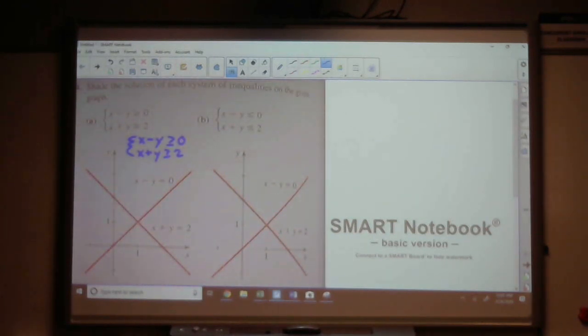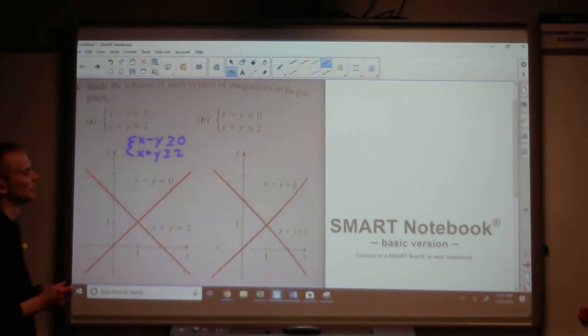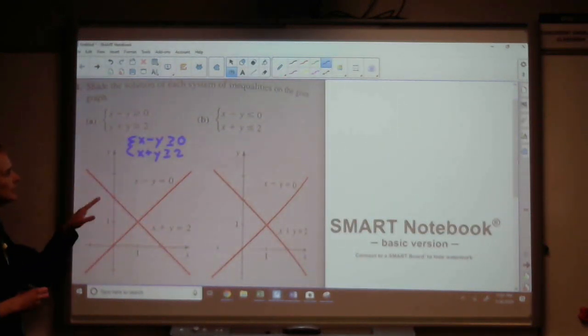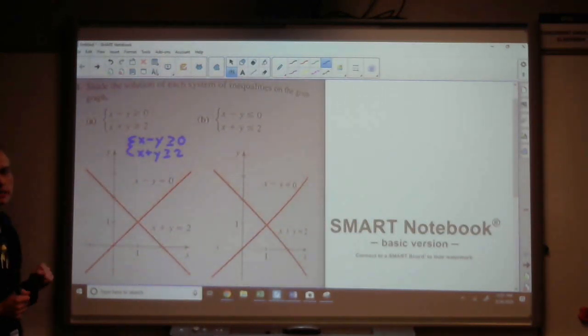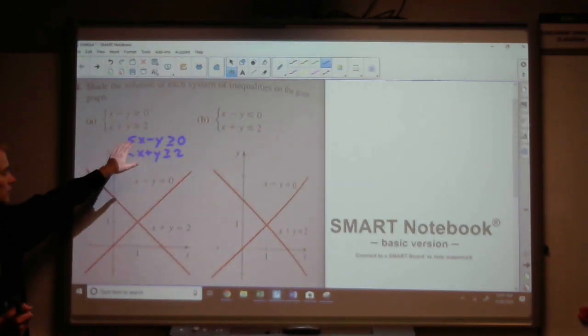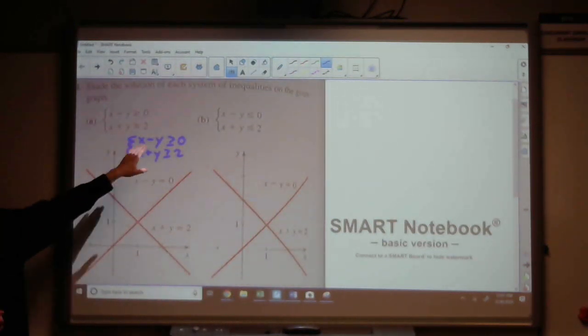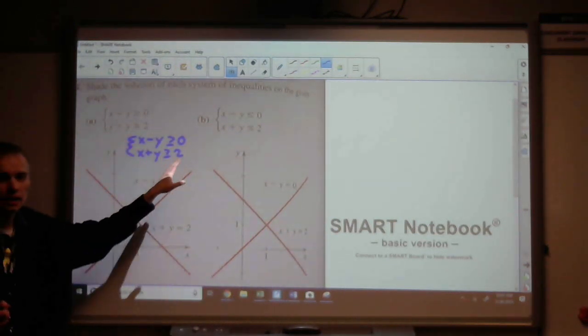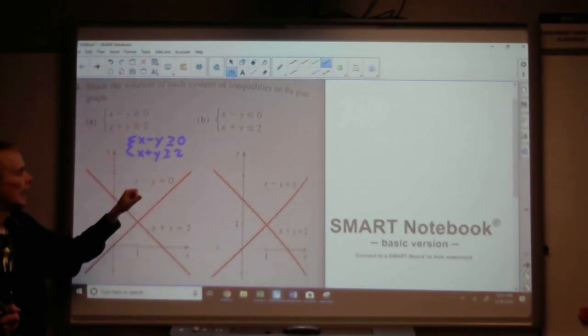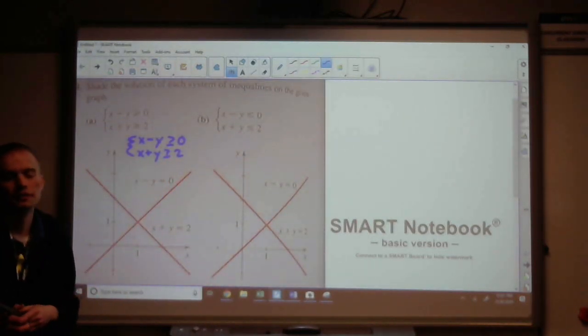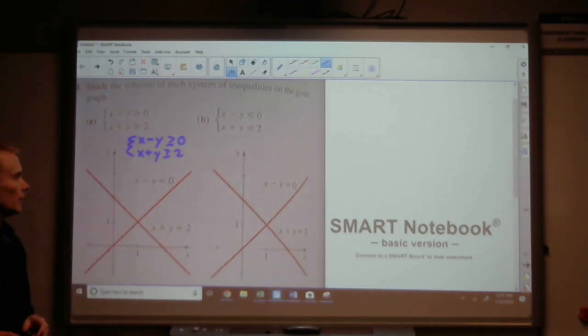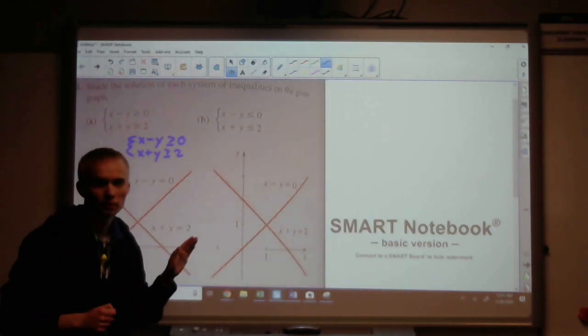And really, to get this to work, there's several ways that you can go about it. It's hard to tell with these inequalities actually what side of the line they're on because they're not in a y equals form or a y is greater than form, okay?